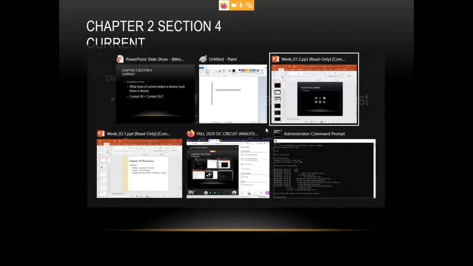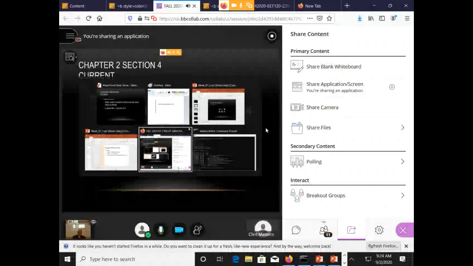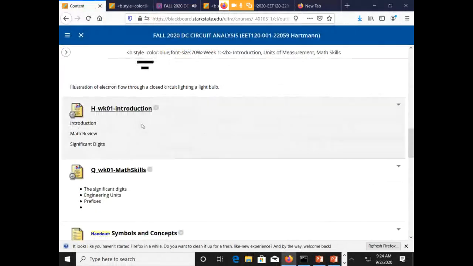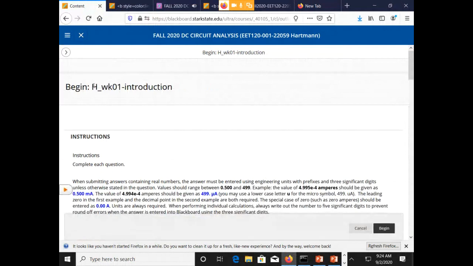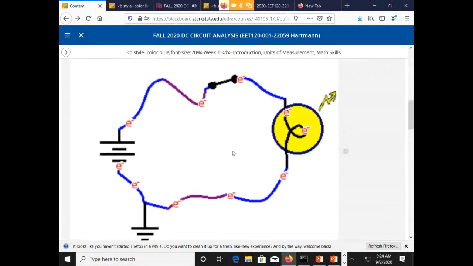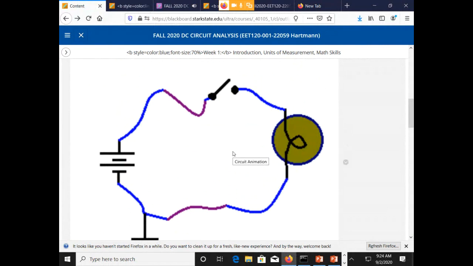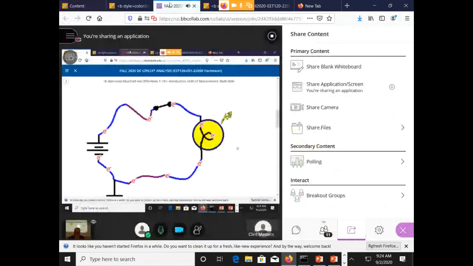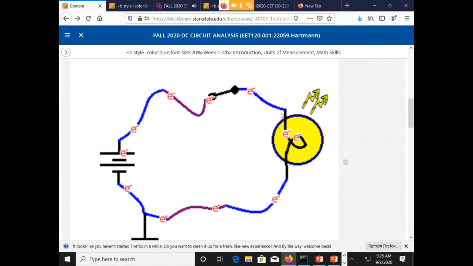So let's flip back. On Monday I showed you this circuit, the one drawing I had under week 1, on day 1.